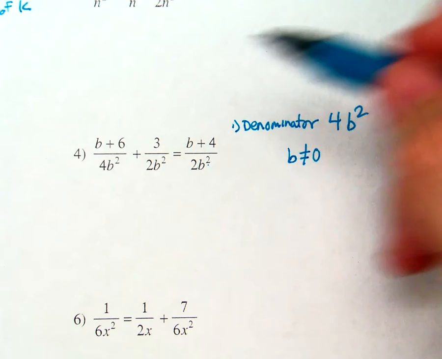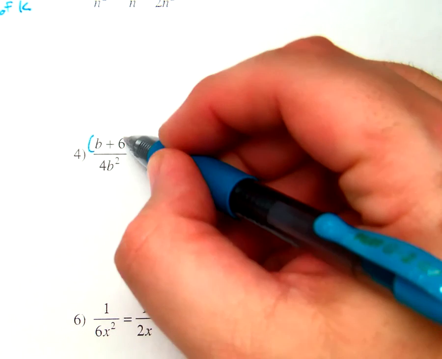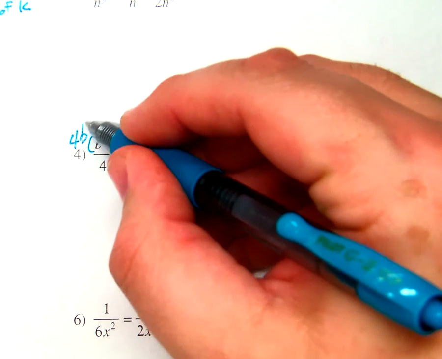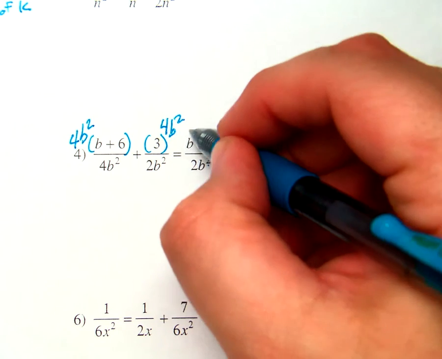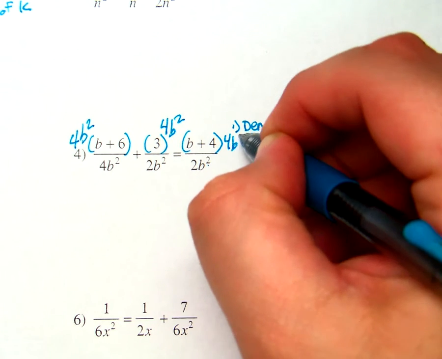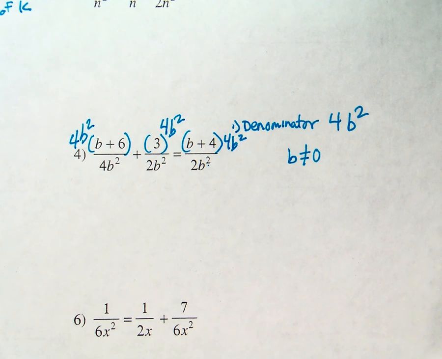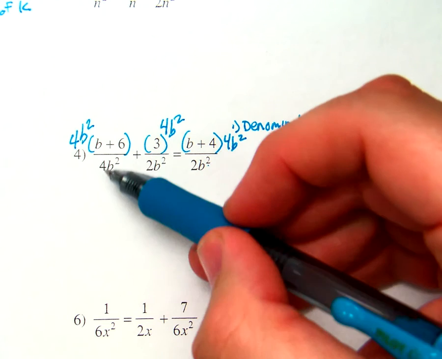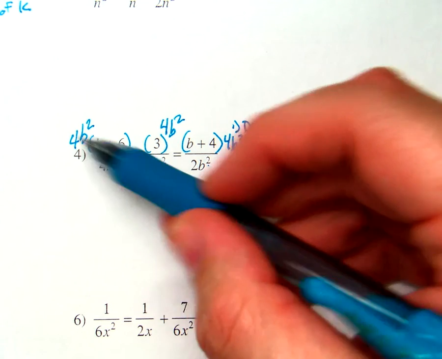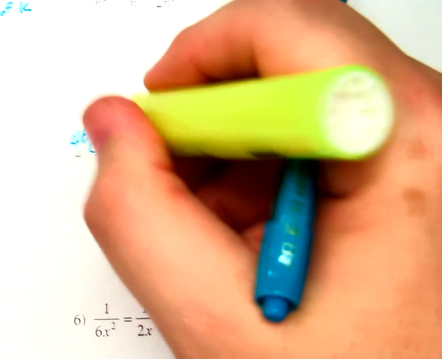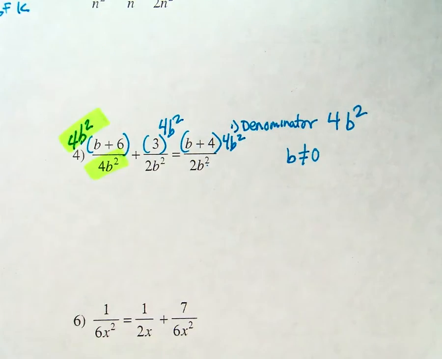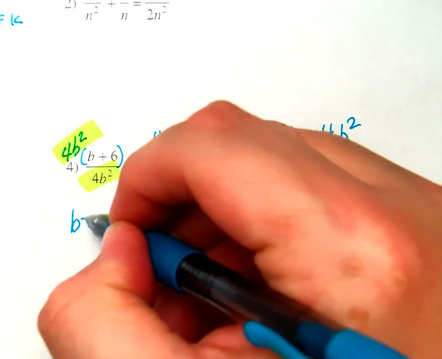Now, what I'm going to do is take this and multiply it by 4b squared. Take this, multiply it by 4b squared. Take this, multiply it by 4b squared. So I have 4b squared here, 4b squared here. Can I divide those out? Okay, so we divide those out. What's left over? 1 over 4. b plus 6.